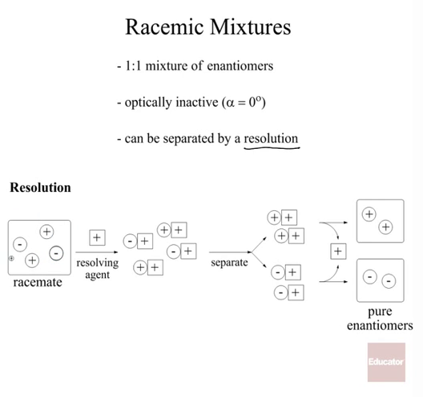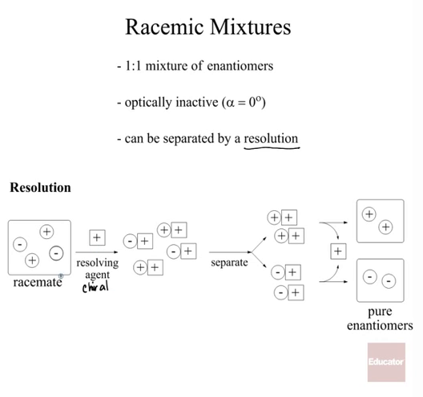What we're going to do is take that racemate, or racemic mixture, and treat it with some kind of chiral resolving agent. So this has just a plus rotation or a minus rotation. It's some chiral agent that we can get from nature or that's commercially available.